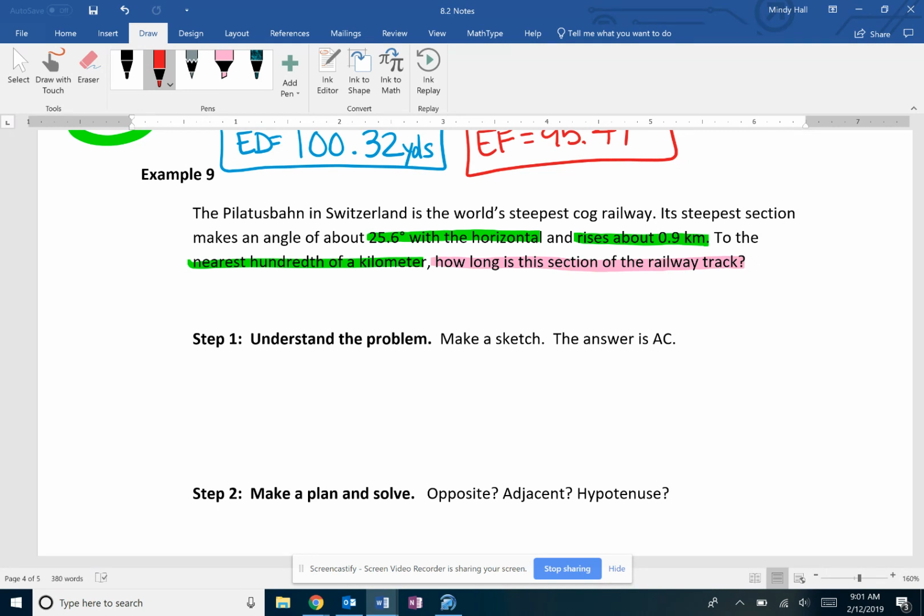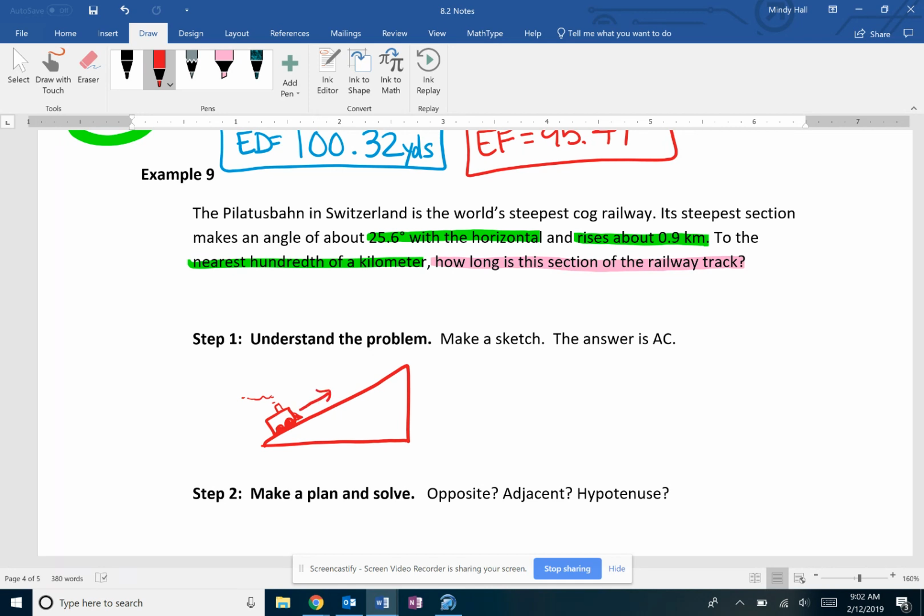So our first one is to make a sketch. So we know we have right triangles, but if you think about it, if this is a cog railway, here's our little train. And we'll do a little smokestack or something. Okay, so this little train has to go up the hill.